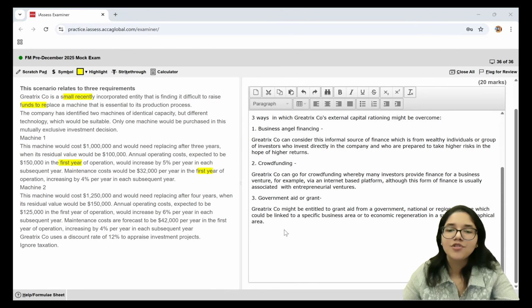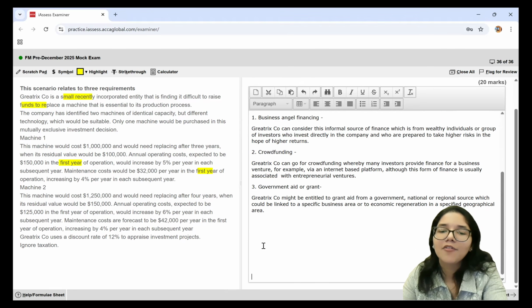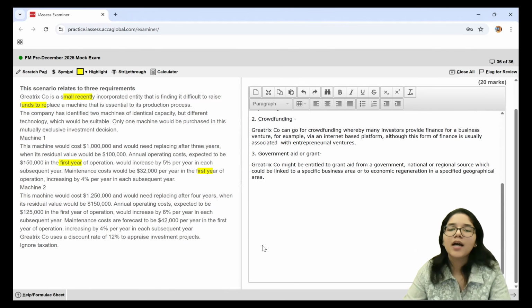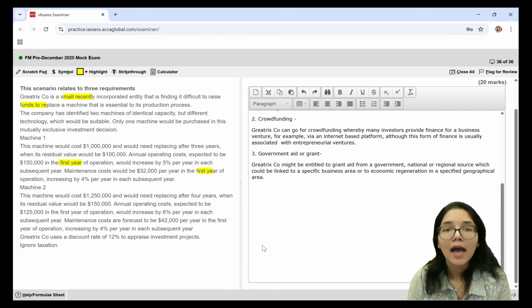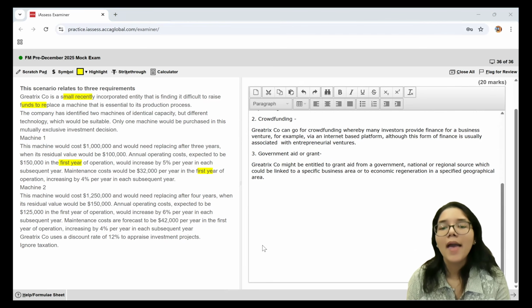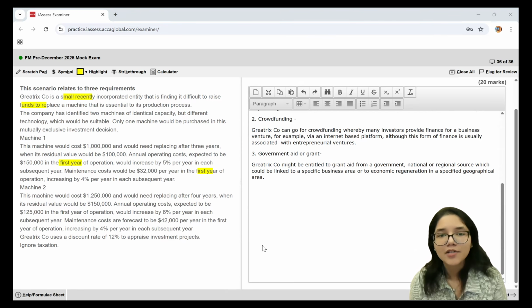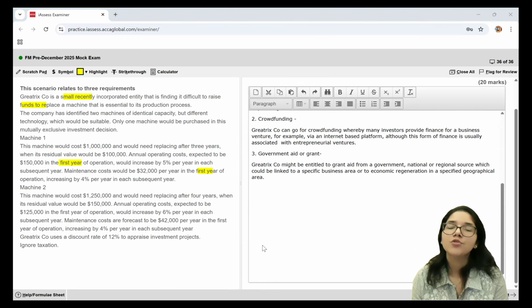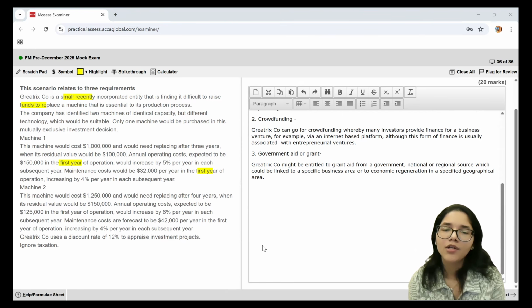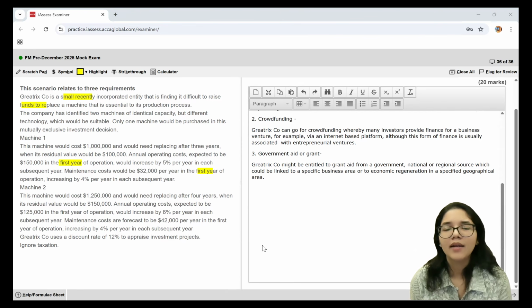Then another solution which they can possibly use is a government aid or grant. When we were covering the concepts, we also studied how SMEs are helped by the governments. Governments usually give them aids or grants which can be linked to a specific business. Maybe the government wants to boost some industries, or some specific areas of the economy, areas where development is not so much there, which are backward areas of the country.